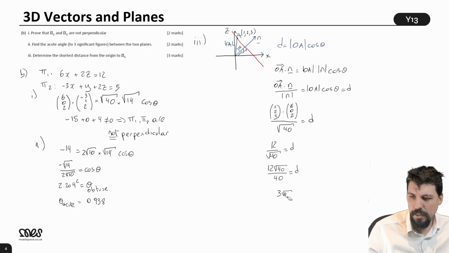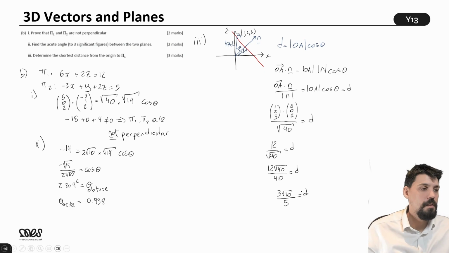Not root 40. 3 root 10 over 5 should be my distance.